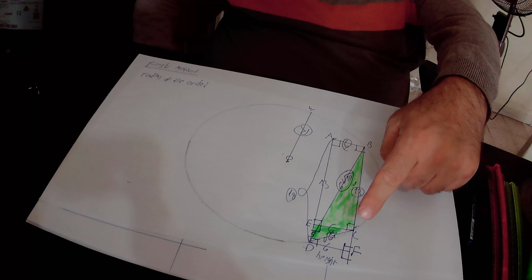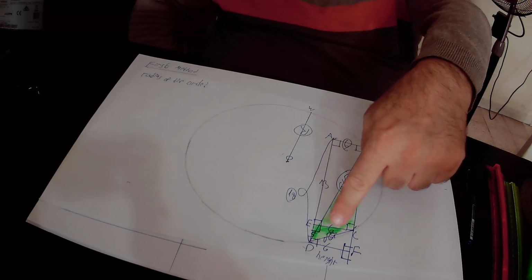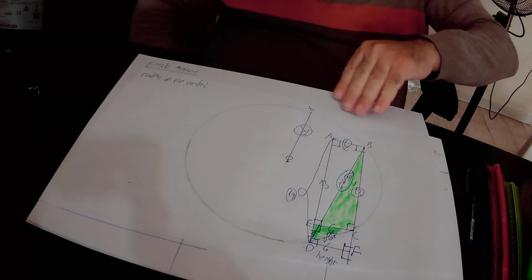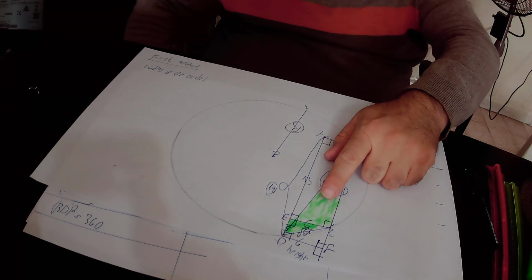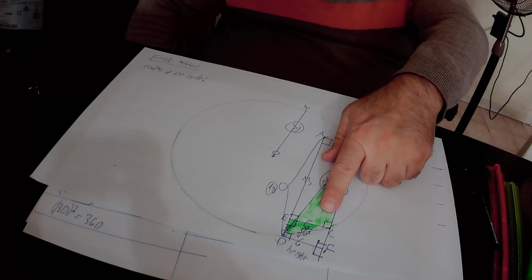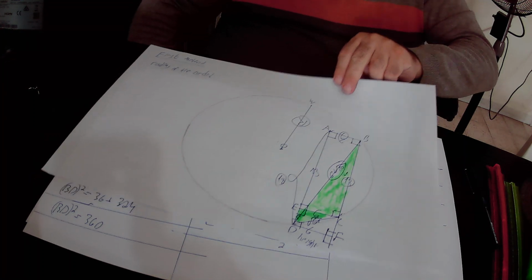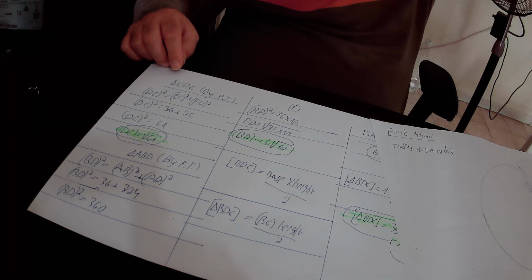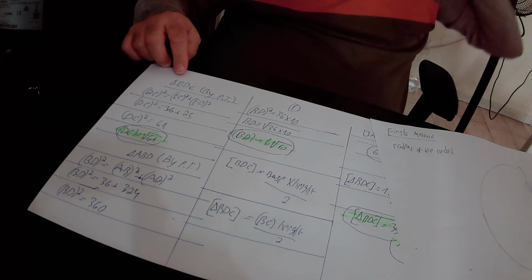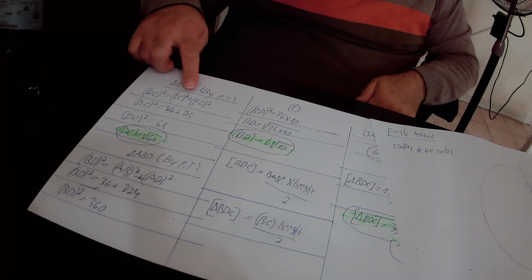The hypotenuse in the right triangle EDC is DC, therefore the square of the hypotenuse is DC square. It must be equal to EC square plus ED square.